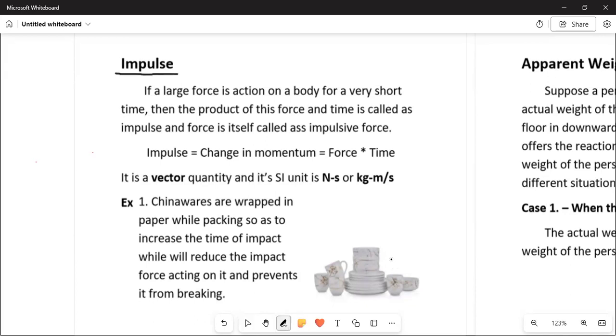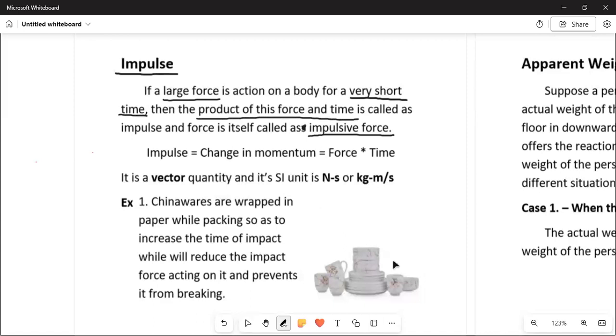If a large force is acting on a body for a short period of time, then the product of this force and time is called impulse, and this force itself is called the impulsive force.